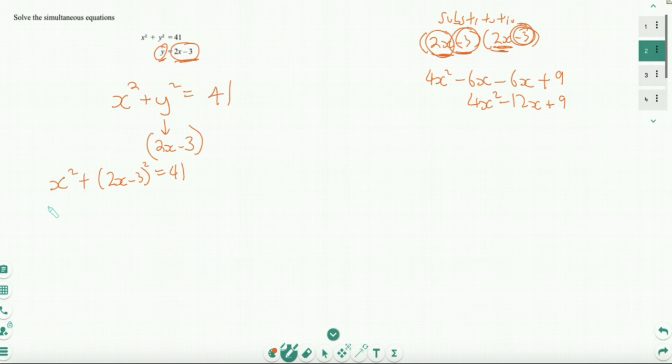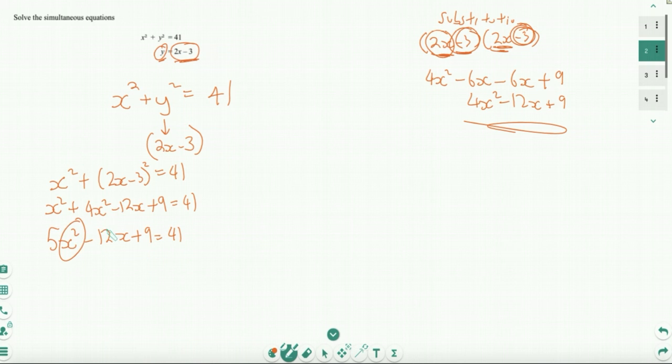So let's write that down back here. So x squared plus 4x squared minus 12x plus 9 equals 41. Let's simplify the like terms. X squared plus 4x squared is 5x squared minus 12x plus 9 equals 41. Ooh, this is a quadratic. There's a squared term, a single x term, and a constant.